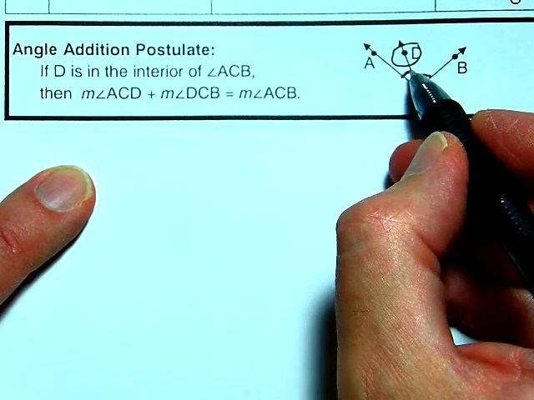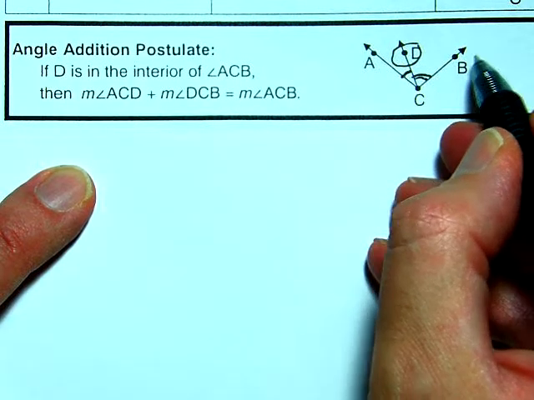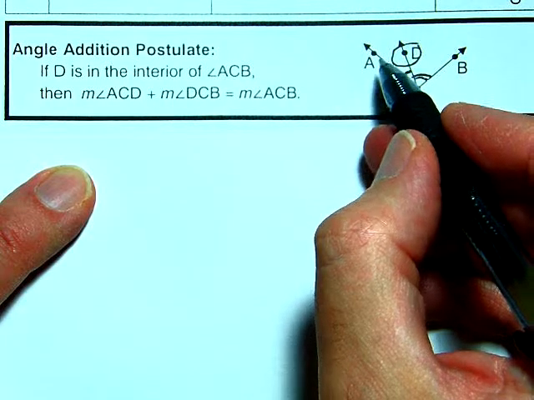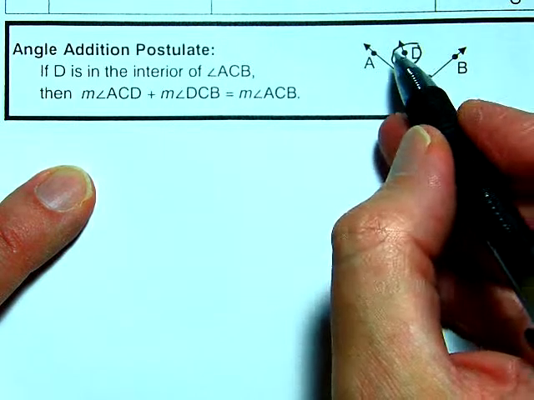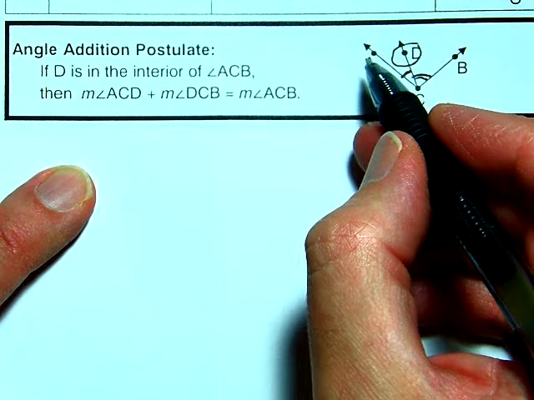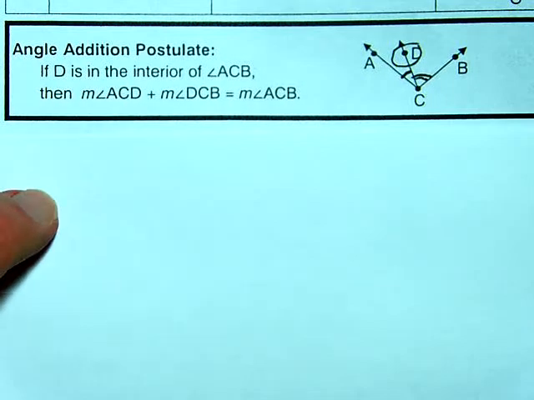There's one mark for angle ACD, and there are two marks for angle BCD. Then the sum of the measures of angle ACD plus BCD equals the measure of the larger angle ACB. And that is the angle addition postulate.